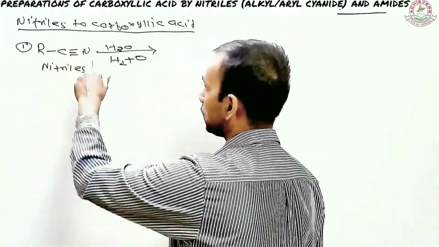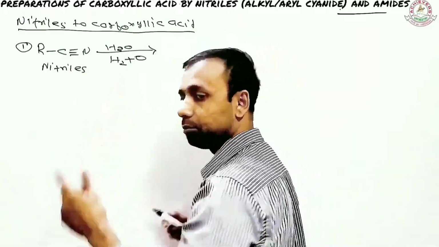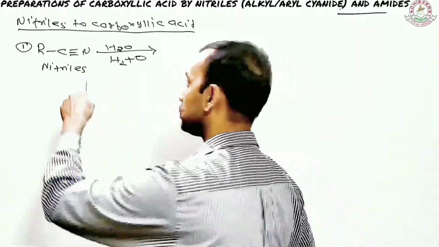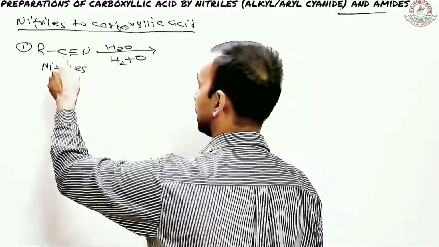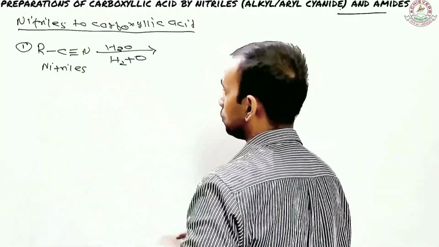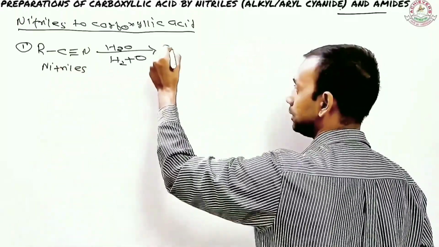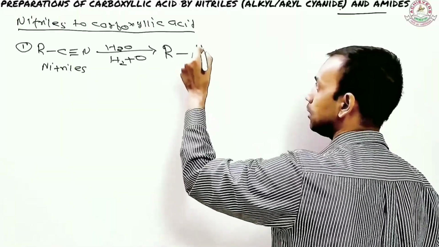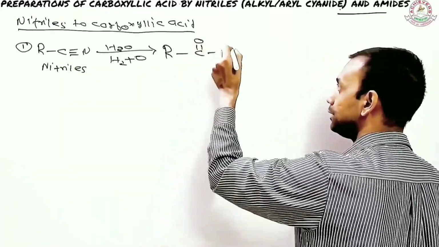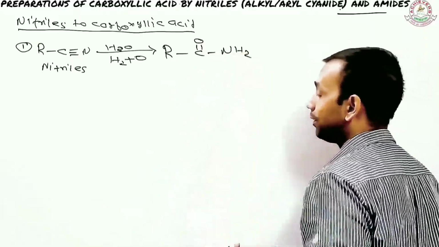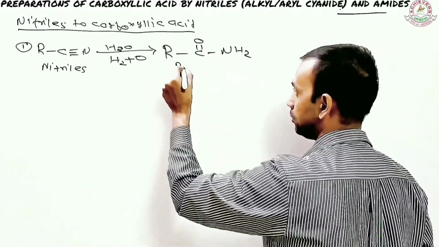So nitrogen reacts with both of the hydrogens, while the carbon reacts with the oxygen. I'm taking you through the short part first. This forms RC double bond O, and then this becomes NH2. This is called amide.